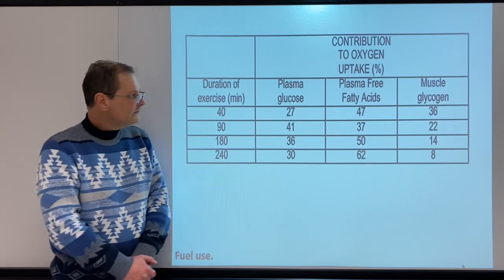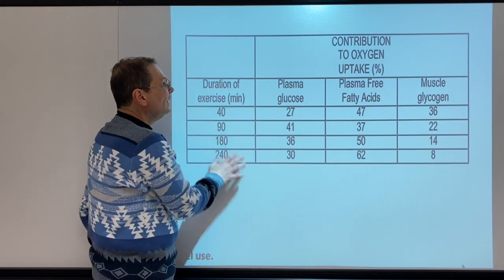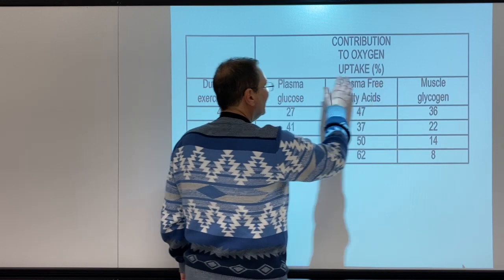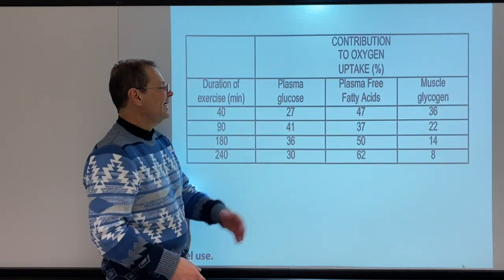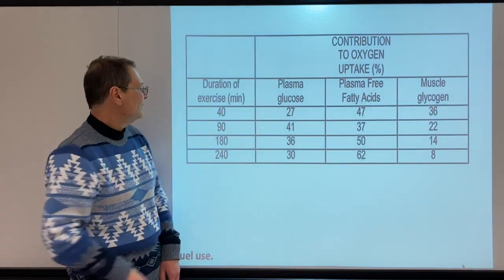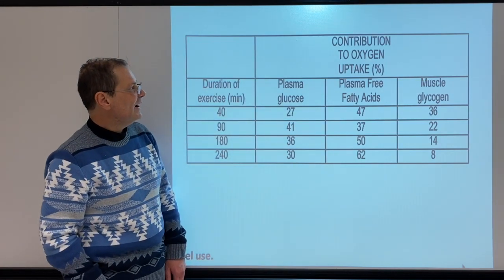All right, so let's look at the duration of exercise here and the contribution of each of these to the percentage of oxygen uptake. That means how much is each of these contributing to maintaining metabolism in the face of exercise with increasing amounts of time.